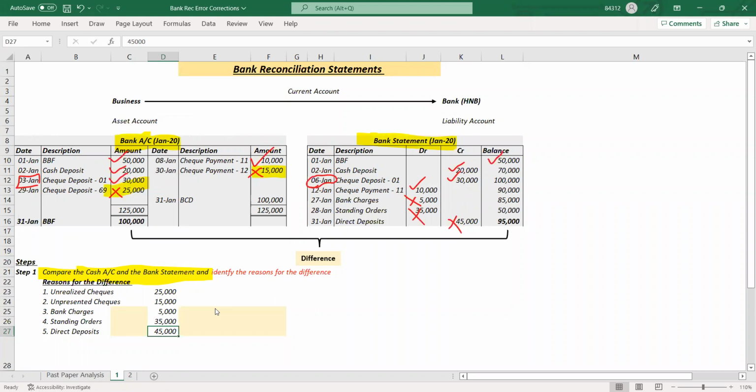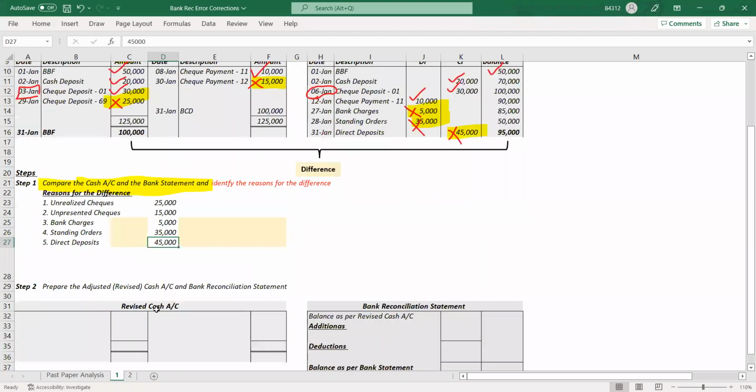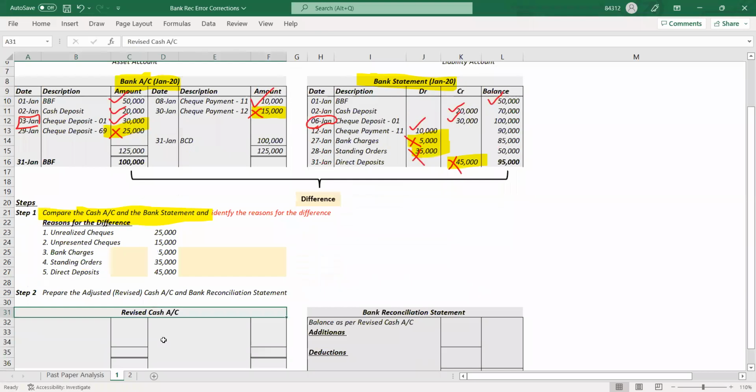Okay. Then the second step. Second step is we have to prepare the adjusted or revised cash account, the revised bank account and bank reconciliation statement.